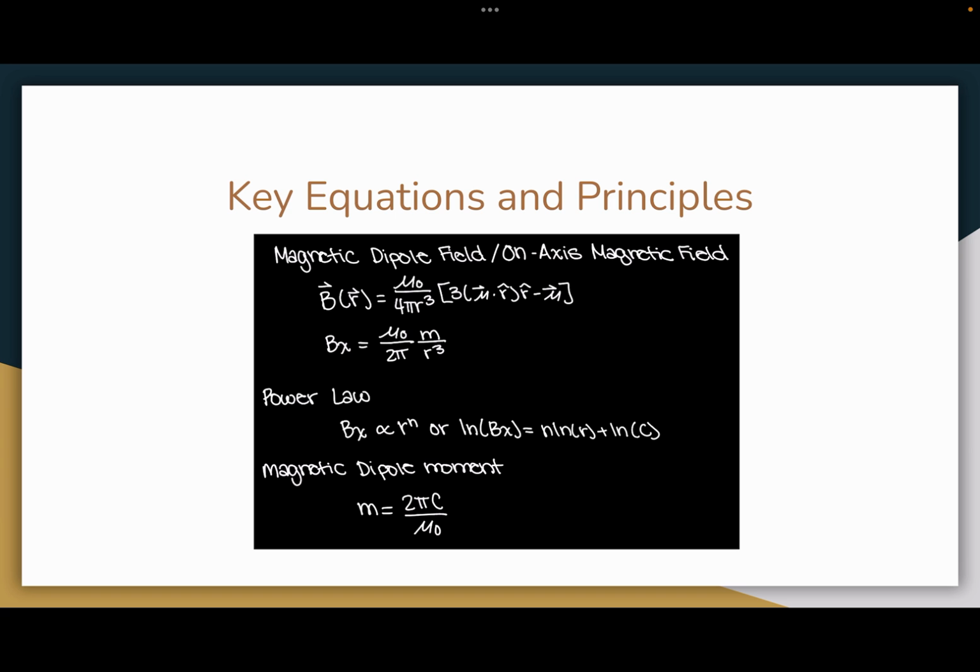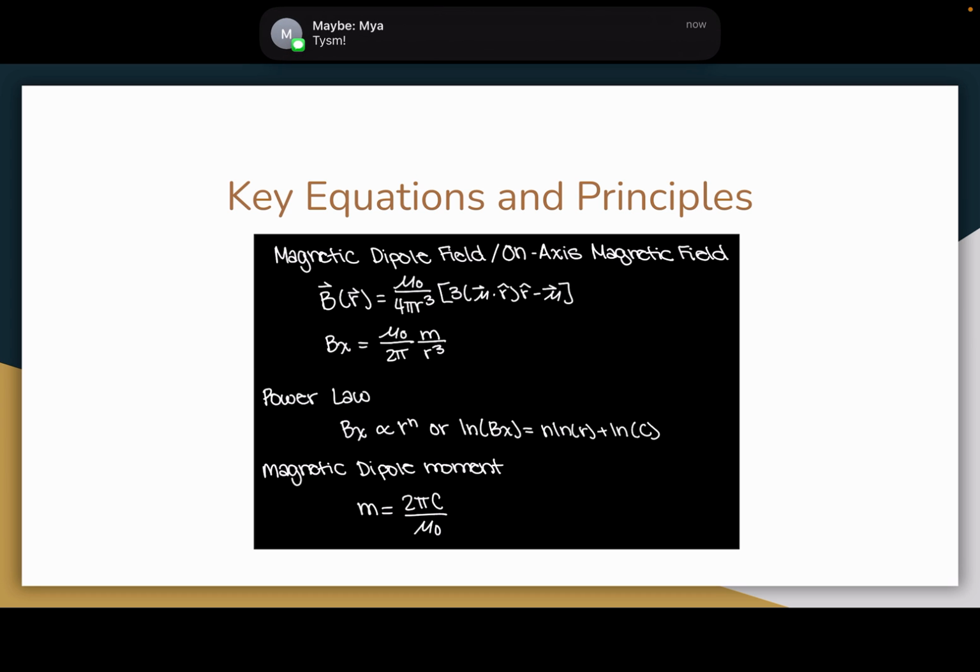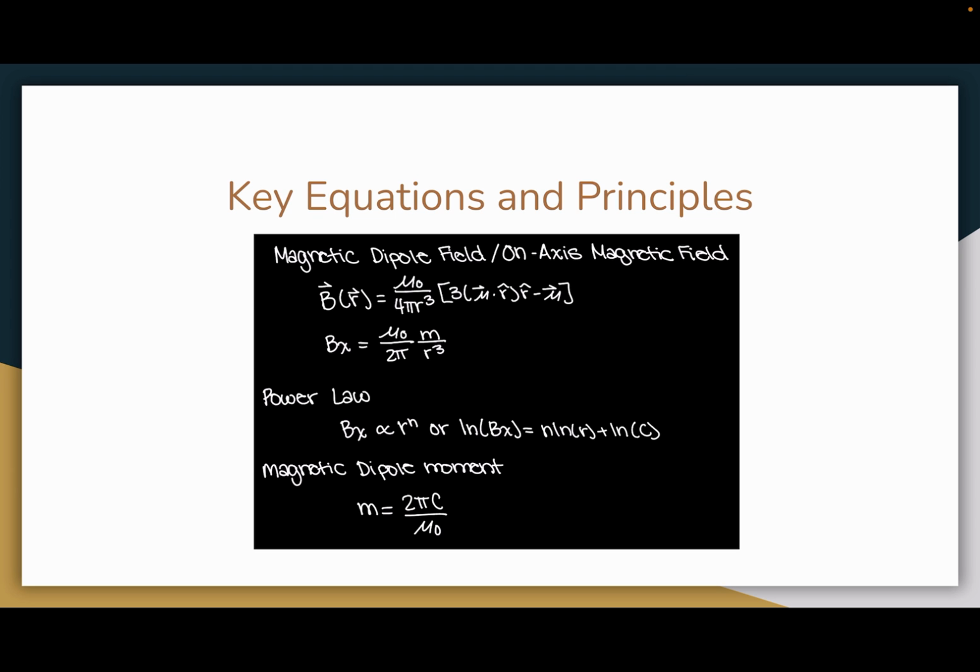For the key equations, I used the main theory behind this lab, which is the magnetic dipole model, where the magnetic field is given by B equals mu naught over 4 pi r cubed times 3 (mu dot r hat) r hat minus mu.